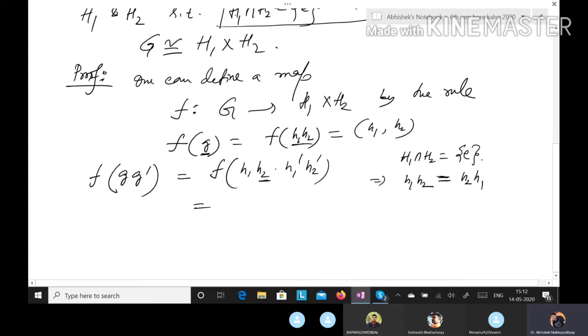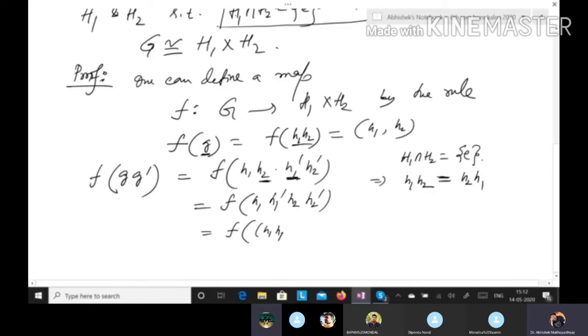Since this is an element from H2 and this is an element from H1, we can write it as h1 h1 dashed, h2 h2 dashed.